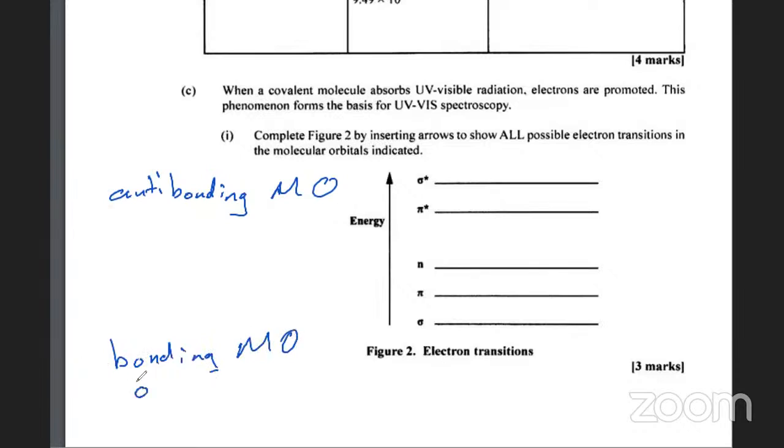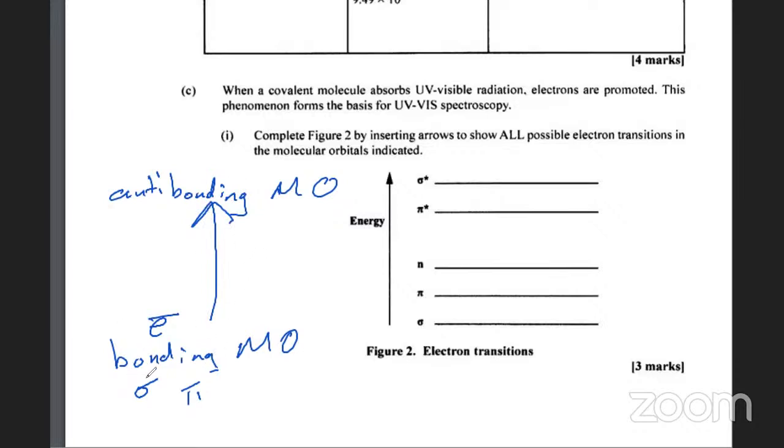They have sigma bonding and pi bonding molecular orbitals. These are where the electrons are located, and they can move up into the anti-bonding molecular orbital when they absorb UV light.